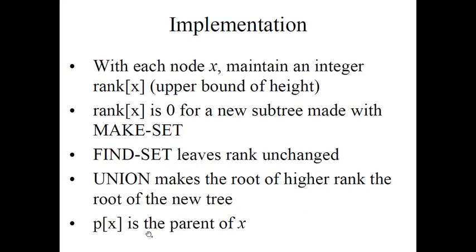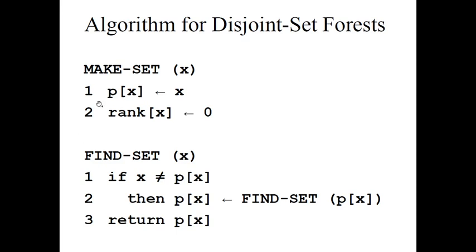Union makes the root of higher rank the root of the new tree. p of x is going to be the parent of x, and rank of x. These are the two parameters. Make set x means we will be creating a set with only that element. Therefore, p of x will be x and rank of x will be 0.